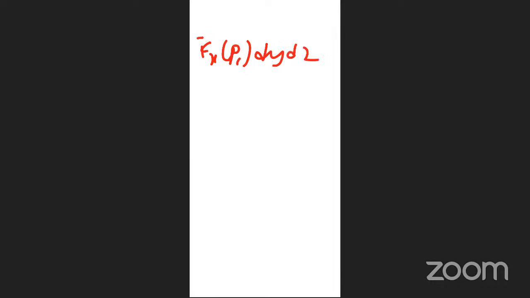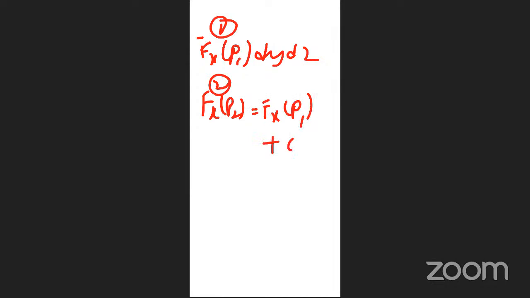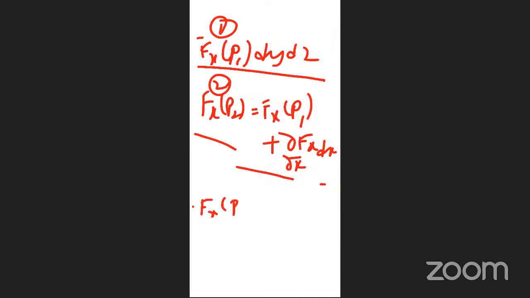And for the right side, the flux is Fx at P2. So the total flux means Fx at P1 plus ∂Fx/∂x into dx for the right face. So the total flux, with this the left side and this the right side, is minus Fx at P1, this value, plus this value.